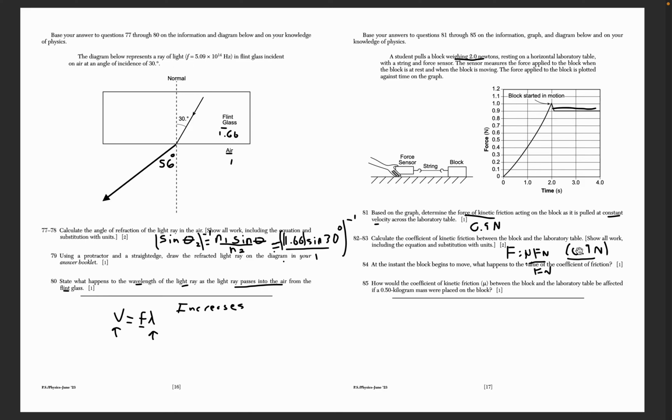That's the normal force. So 0.9 newtons divided by 2 newtons will give you a coefficient of friction of 0.45. And there is no unit for coefficient of friction because it's a ratio of the same units.